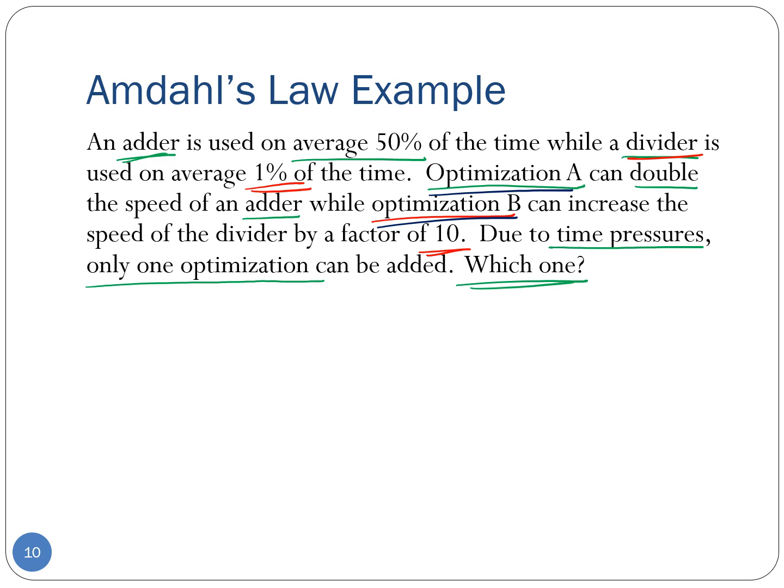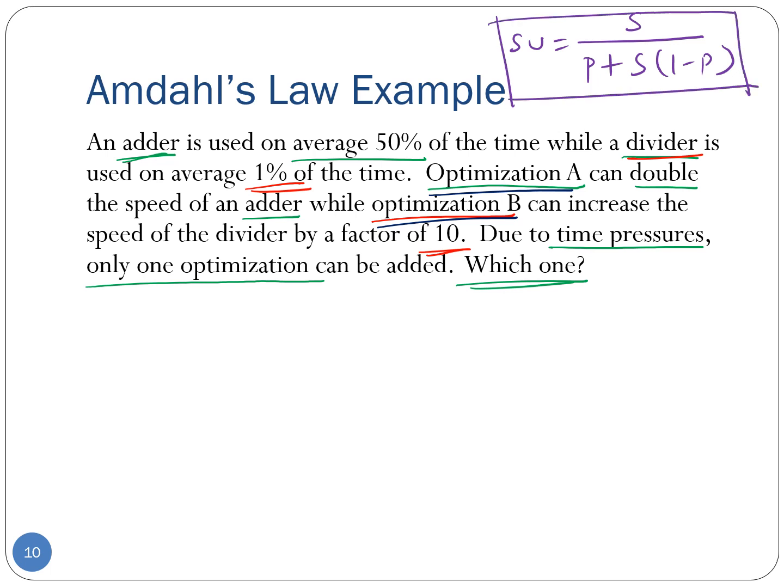So recall, the overall speedup achieved in a system from Amdahl's law is given by S divided by P plus S into (1 minus P). For the two optimizations, we need to figure out the values of S and P and plug them into Amdahl's law. So we have the adder and the divider. Let's figure out the values of S and P for both of them.